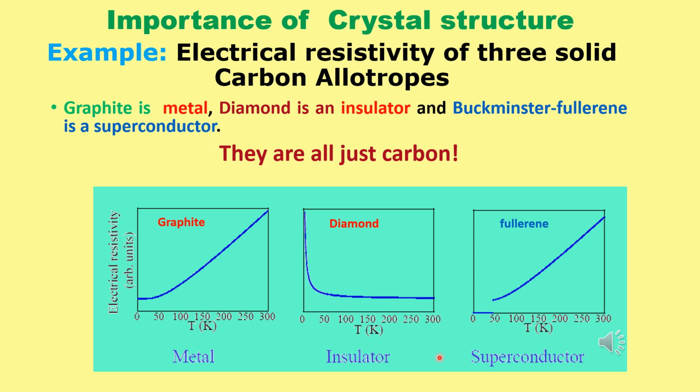So these are just carbon atoms, but arranged in different crystal structures. That's why their properties change drastically.